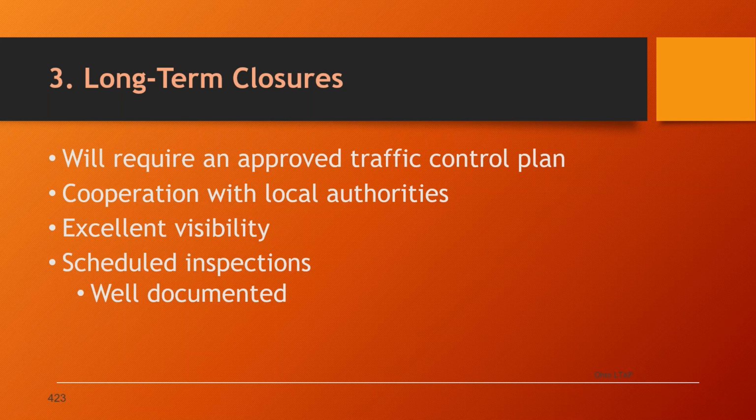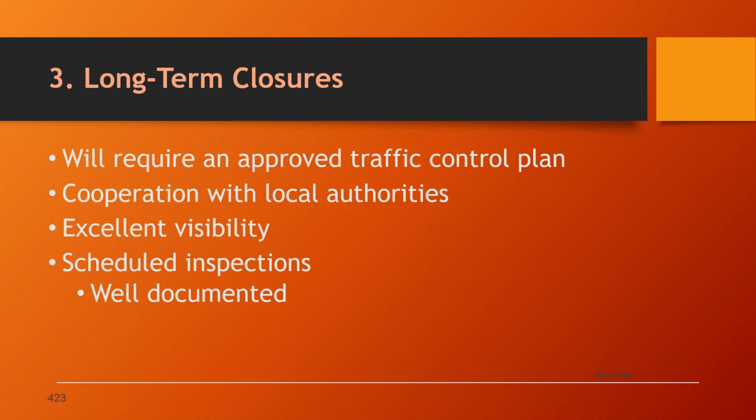Like besides the city engineer, maybe there's a traffic engineer or different utilities. Of course, if it's a utility project, you're going to have to make sure that everything is clear with them as well. So we need to cooperate with all the local authorities.